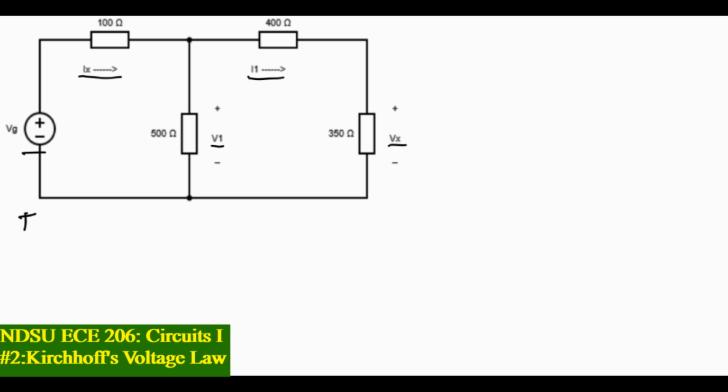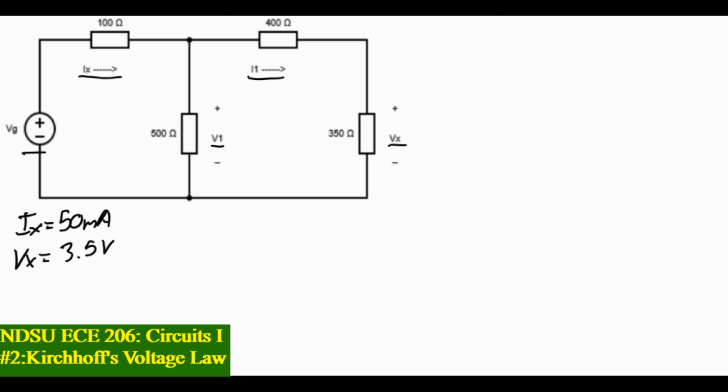We are given that Ix is equal to 50 milliamps and Vx is equal to 3.5 volts.